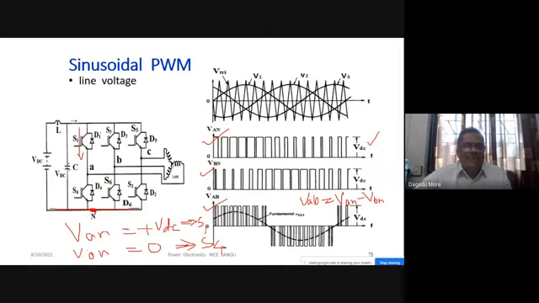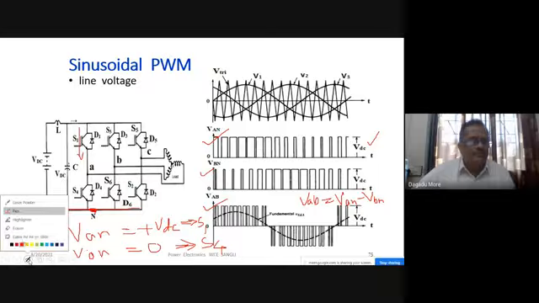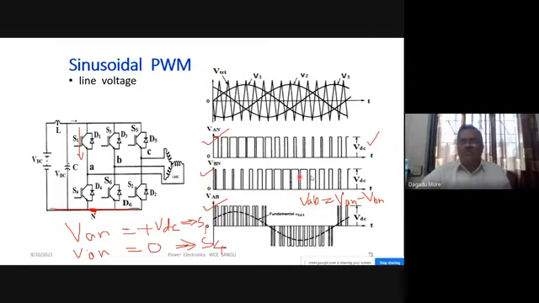Similarly for VBN, S3 on, VBN will be plus VDC; S6 on, VBN will be 0. With respect to the switching signals, we draw the VAN and VBN waveforms, and based on that VAN minus VBN is our line voltage waveform, with magnitude plus VDC and minus VDC.